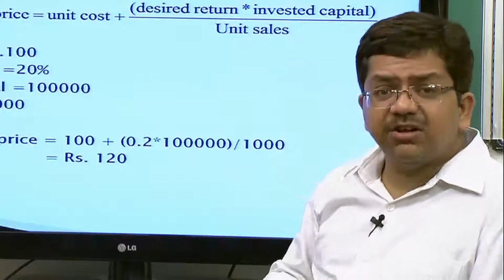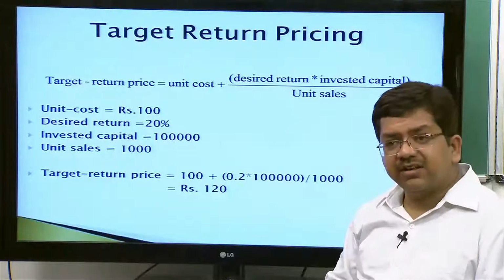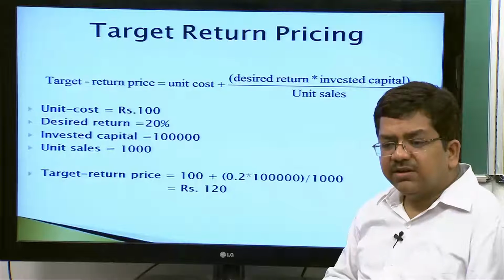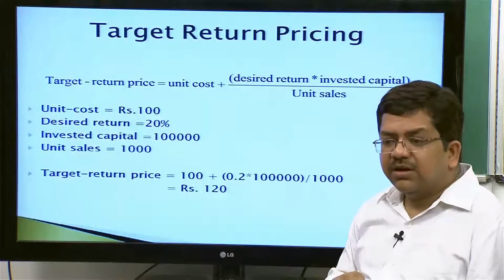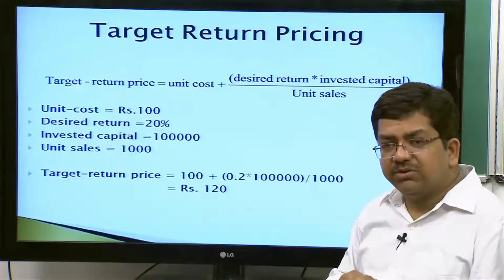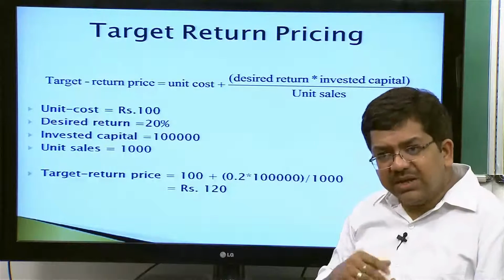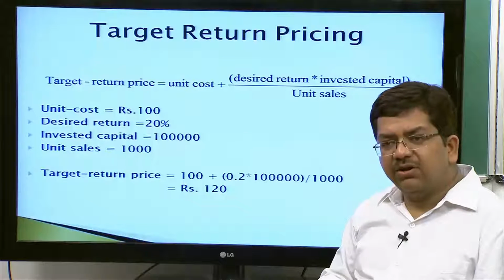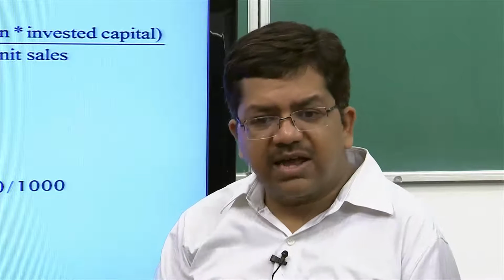The next method of pricing here is target return pricing, and you can understand it as unit cost plus desired return on invested capital divided by unit sales. In this case you pre-assess how many units you are going to sell, and depending on how many units you will sell, you can calculate the target return price.